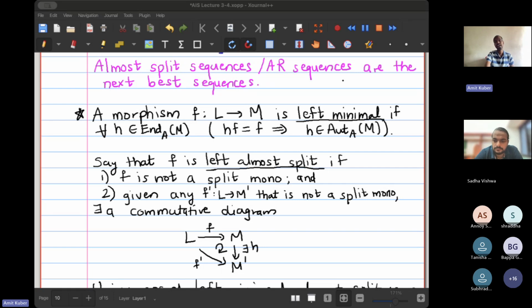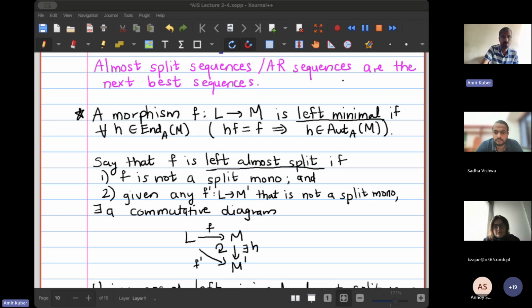So the only endomorphisms which fix the image of F are automorphisms.